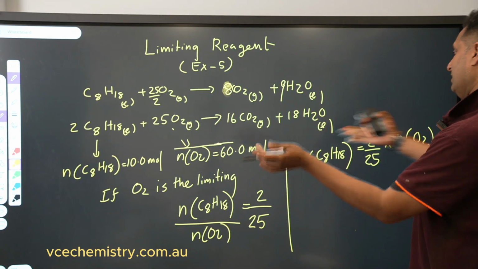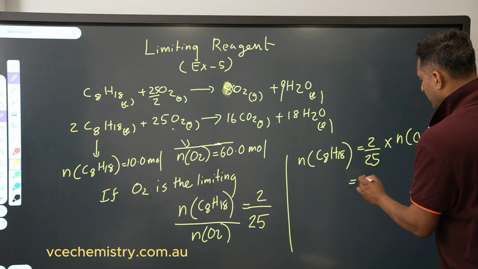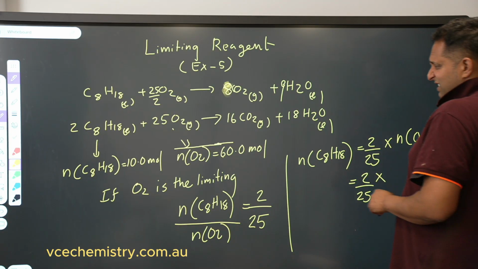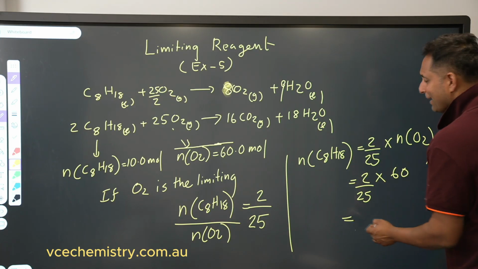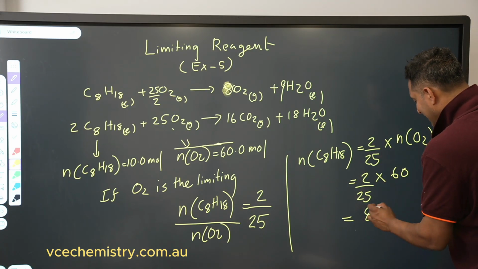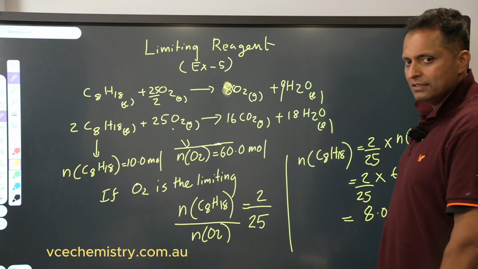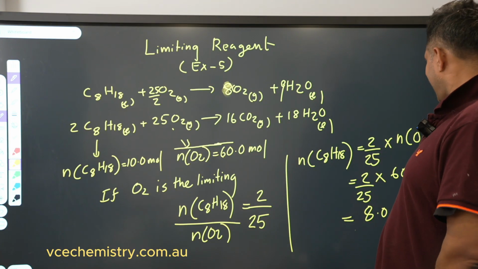In other words, according to our assumption, it should be the limiting. So 2/25 times, what's the oxygen? 60. Look at that! We only need 8 moles of octane to go with, is it 8?